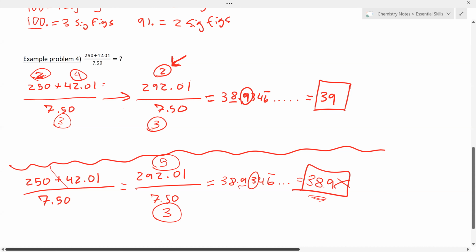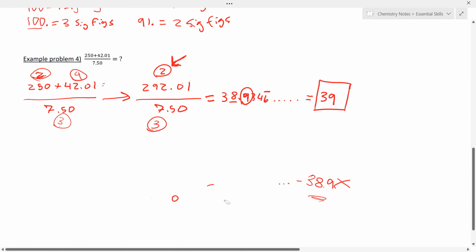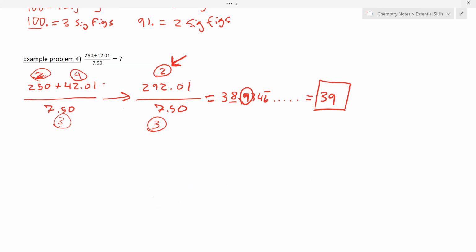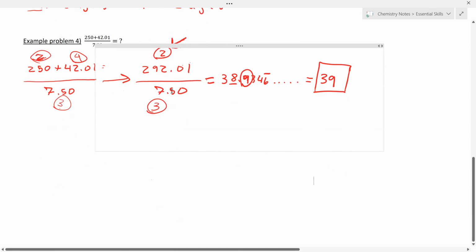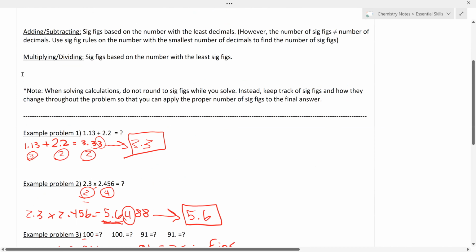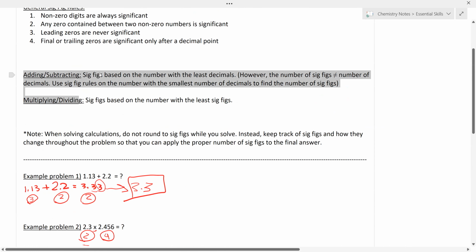And so that kind of shows you just why this is all so important, the keeping track. And maybe in the future, you'll come up with a different way of keeping track of the sig figs. For now, this works pretty great. Just doing little circles. And, with the memory loss, it sucks a little bit because every time I do these problems, I have to remind myself between the adding and the different versions here, which rule do I use?